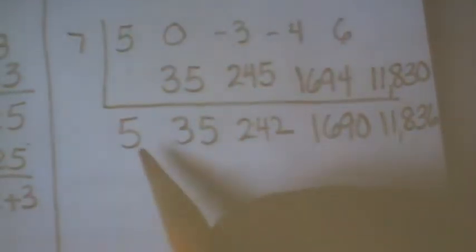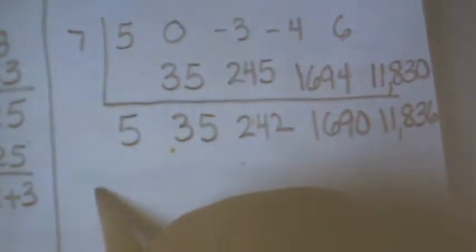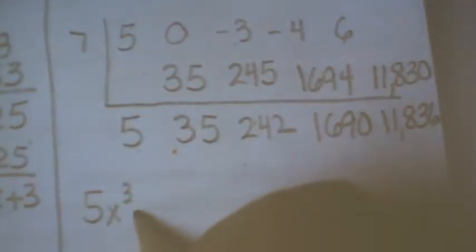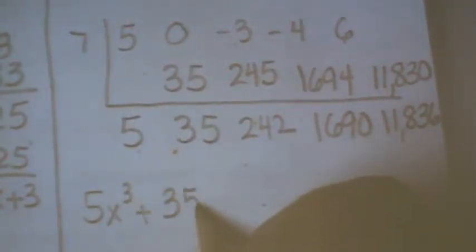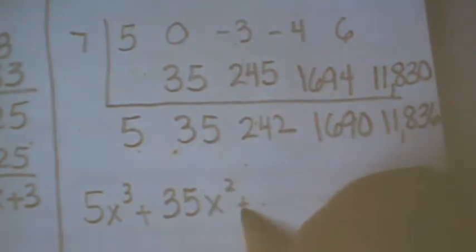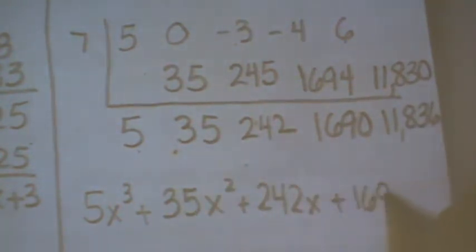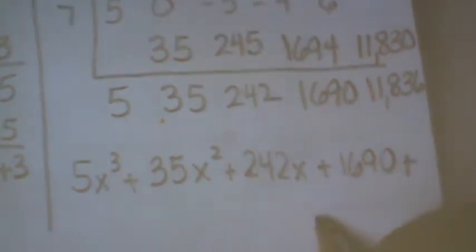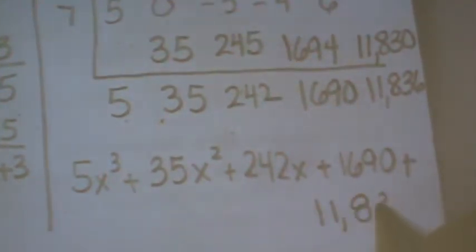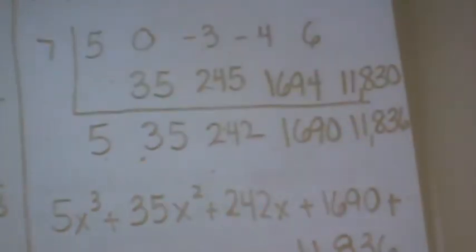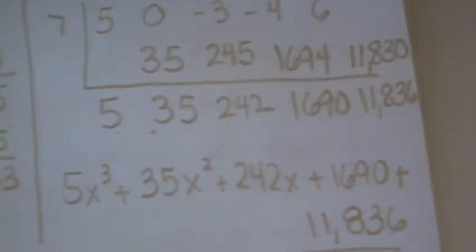So what's my answer? 5x cubed plus 35x squared plus 242x plus 1690, with the remainder of 11,830 over x minus 7.